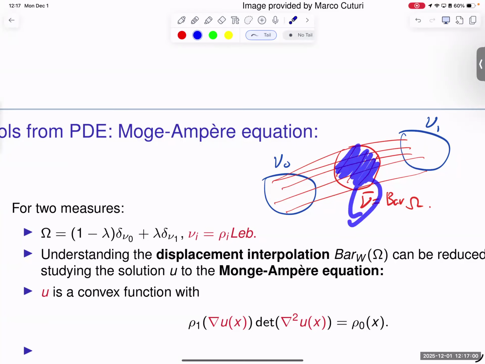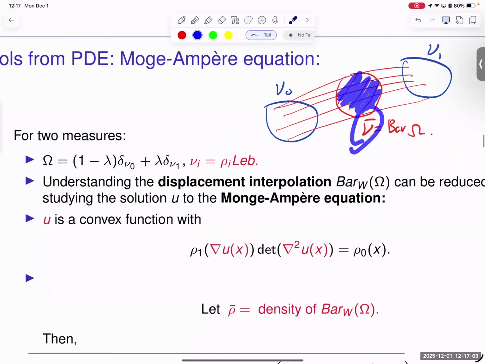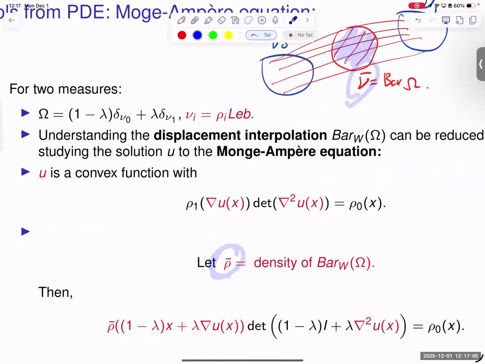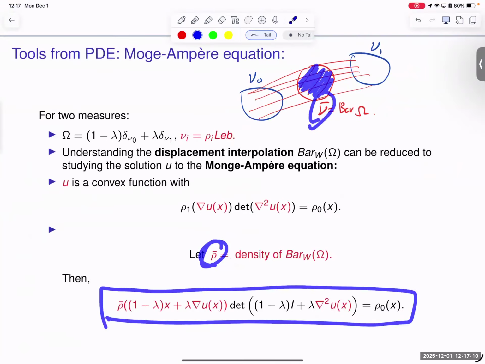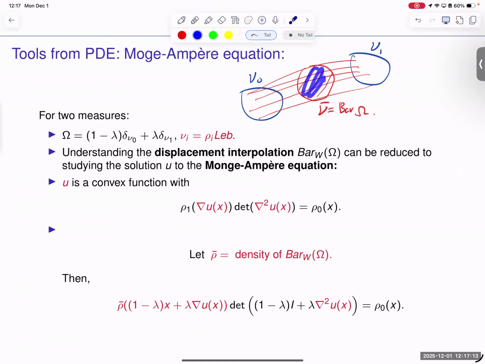Now this nu bar, this McCann's interpolation, let's say its density is rho bar. It has this property: you can view this measure as your target measure from nu0 to that measure. Then you can consider the optimal transport between them. But that optimal transport between these two is nothing but a proportional version of the optimal transport between nu0 and nu1.